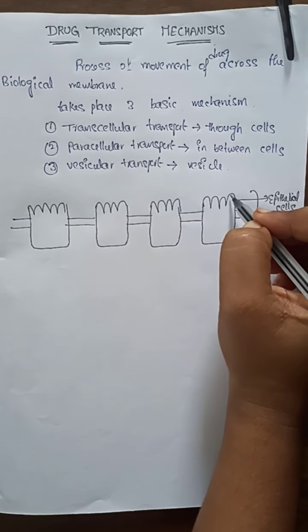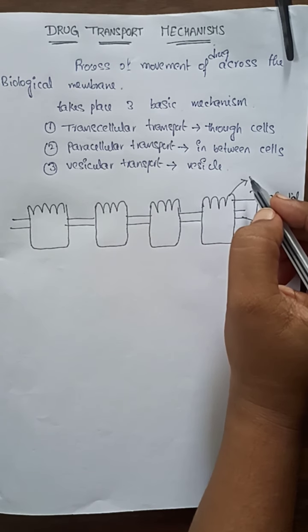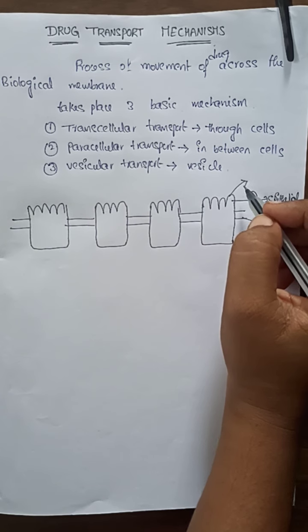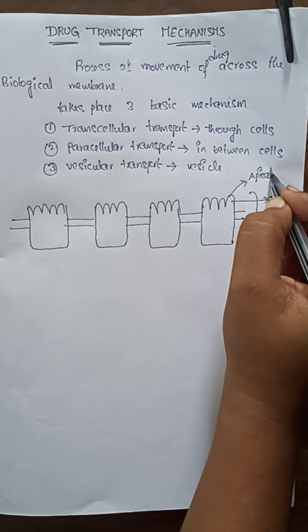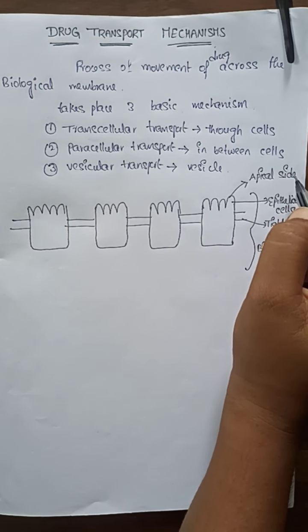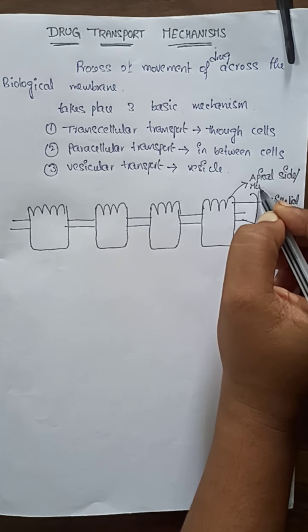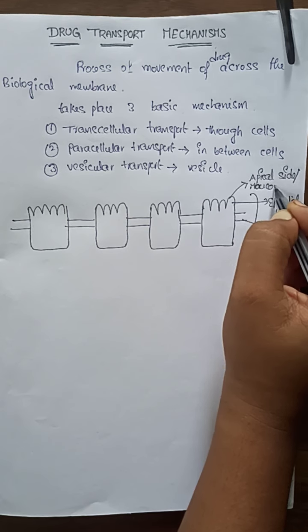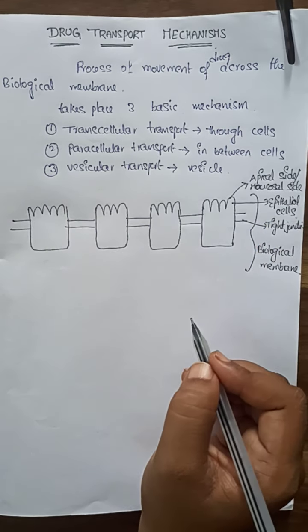The upper side of the cells, that means the membrane side, the gastrointestinal side, is known as the apical site, or it is also known as the mucosal site.